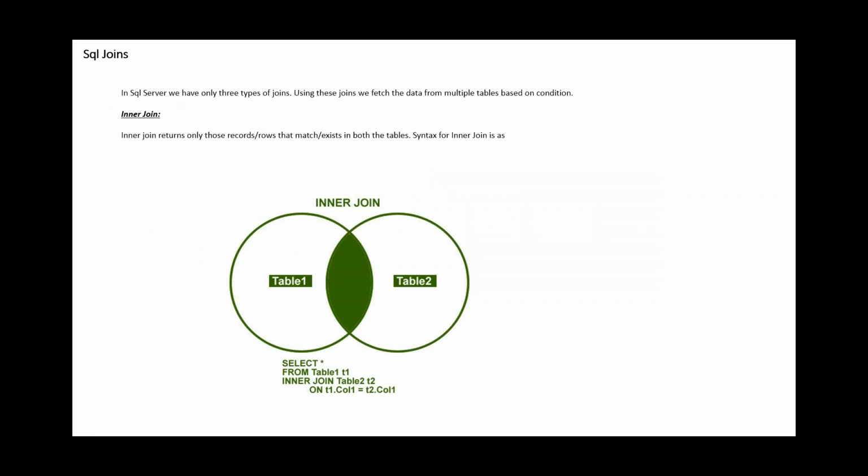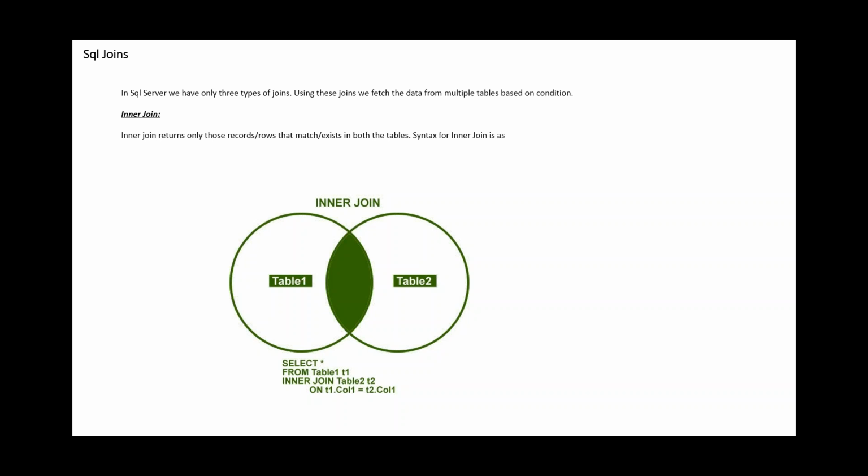If table 1 has some information and table 2 has some information, based on a condition, only the records that have a common value in both tables are returned.